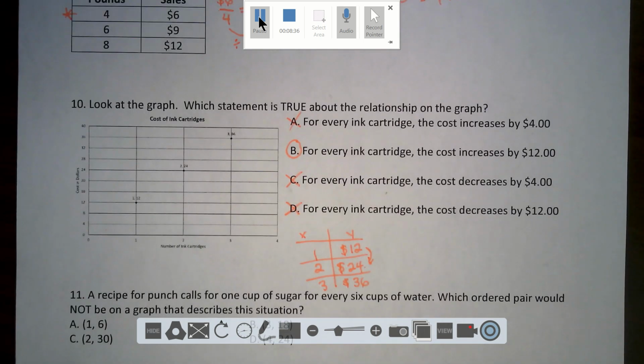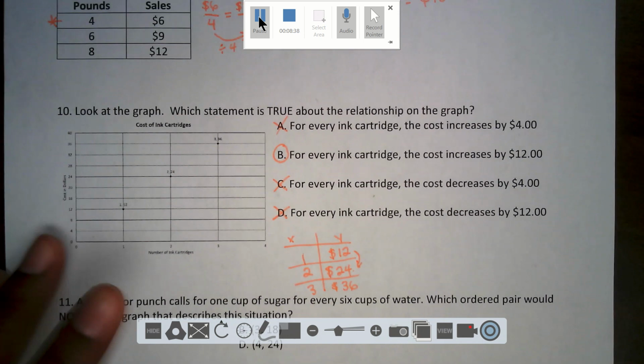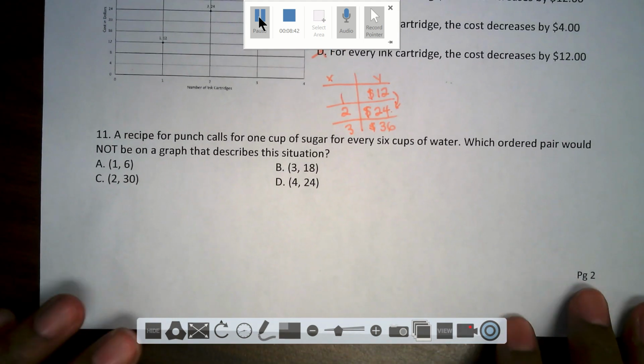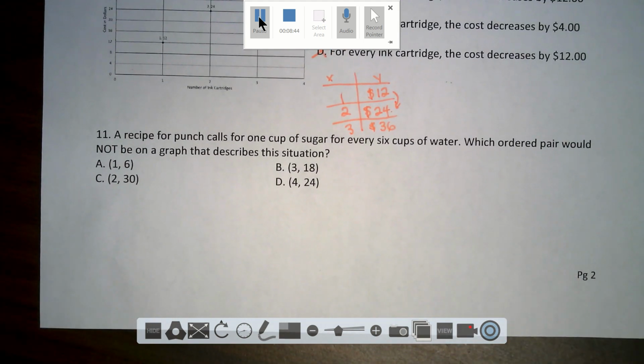Let's look at number 11. A recipe for punch calls for 1 cup of sugar for every 6 cups of water. Which ordered pair would not be on a graph that describes this situation? So, this is all about equivalent ratios, okay?